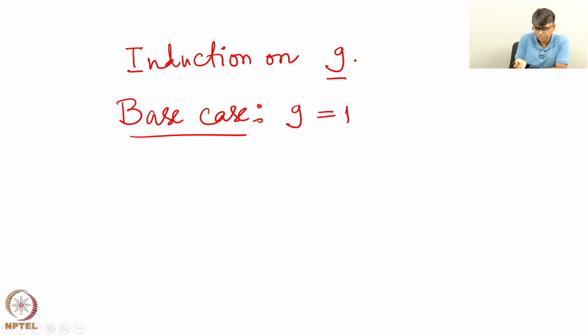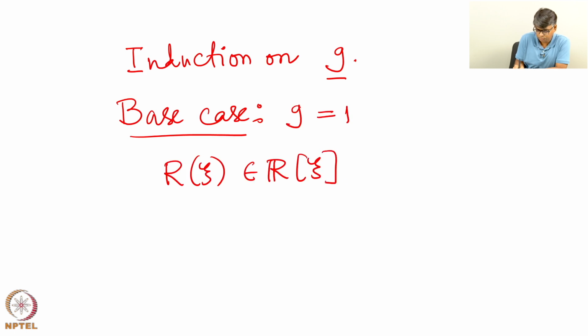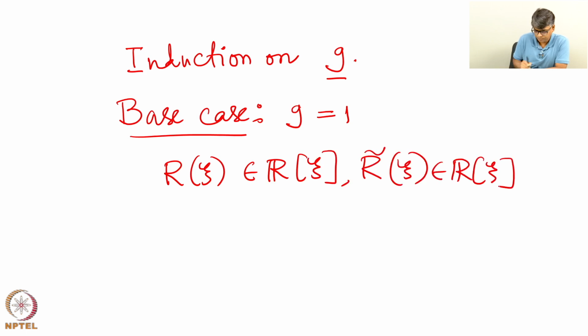And what is that? G equal to 1 means that it's a scalar system. In that case, R psi is just a polynomial, and so is R tilde psi. So, they are just polynomials, and in that case we have already seen that the two are just constant multiples of each other.